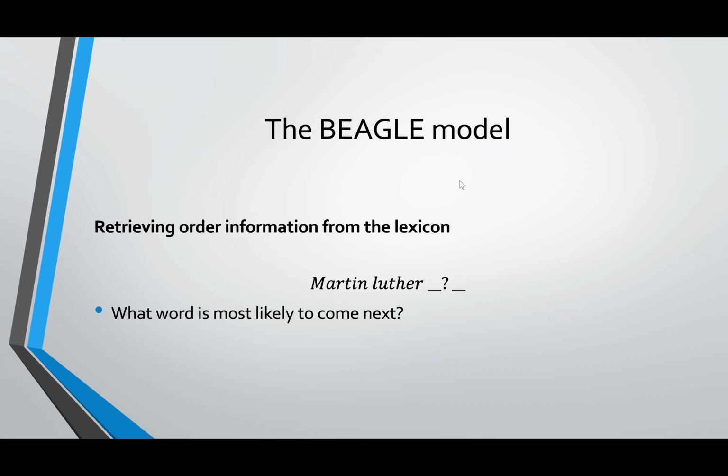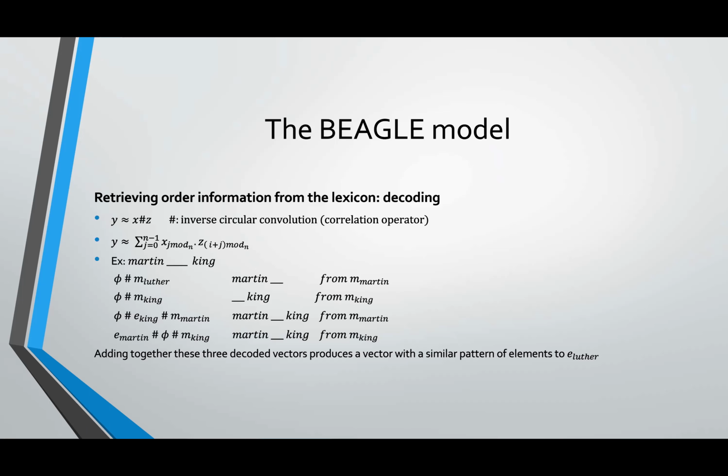We see this example. By using the stored order information in the BEAGLE model, we could guess the next words, mostly the next used word. BEAGLE uses inverse circular convolution, and this is the formula for it, and this is the symbol for circular convolution here.